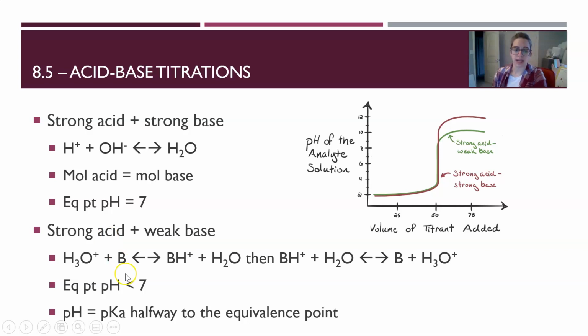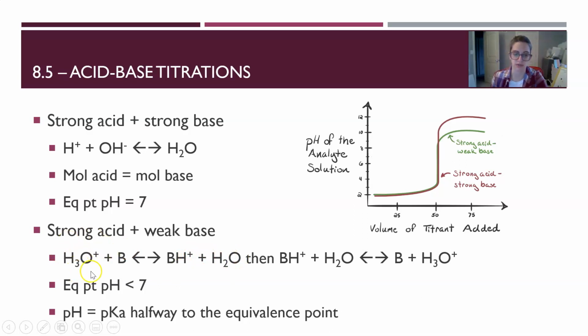When we look at the reaction between a strong acid and a weak base, our pH is going to be determined by a couple of equilibrium reactions. What we're going to start with is our strong acid. Here I have it written as hydronium ion, H3O+, reacting with our weak base to form the protonated conjugate acid, BH+, and some water.